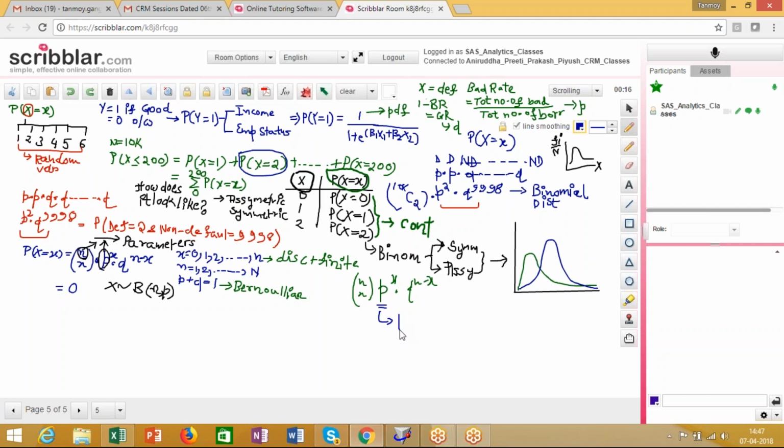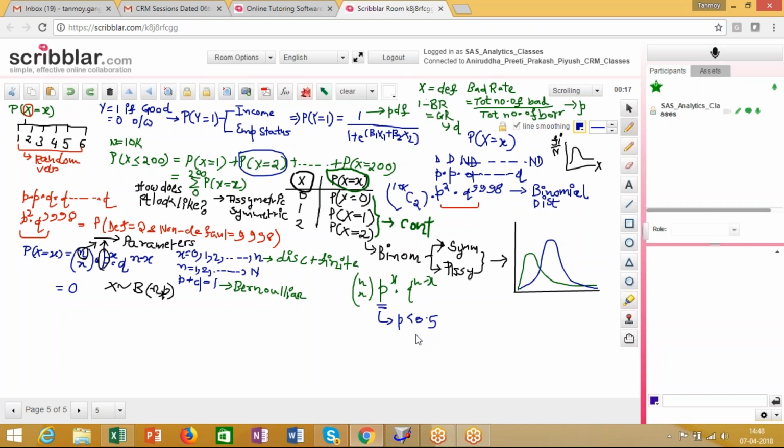Now, suppose p is very small, let's say p is less than 0.5. So if p is less than 50%, say the probability of success is 1% or 2%, or say 3% for a single trial, it means that the chances of getting a high number of successes will be very low.